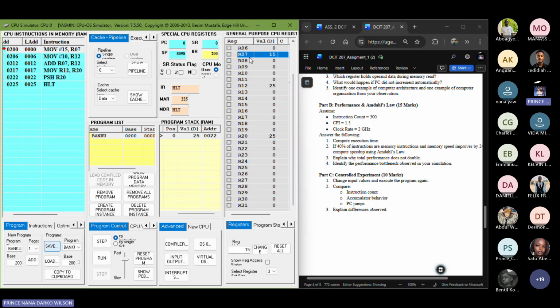Registers are fast, but they are still not as fast as the CPU is intended to be. So if we are retrieving data from registers, it makes the CPU slow, and that's why we have cache memory. Cache memory is also a type of register, but it is even faster and closer to the CPU. So the bottleneck we experience here is that fetching data from registers makes the CPU operations relatively slower than they should be.